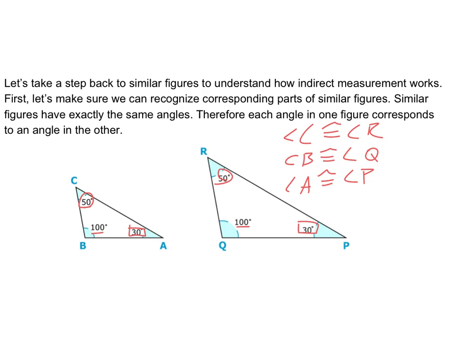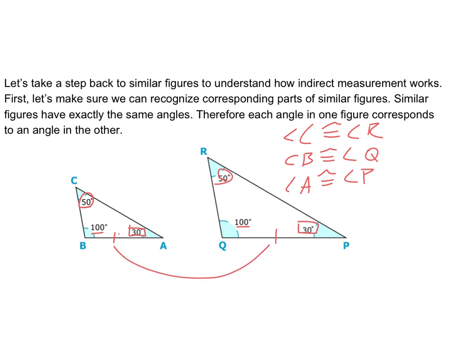We would also use corresponding sides. So if we had the side here, BA, connecting the 100 degree and the 30 degree, it would correspond to the same side between 100 and 30 on the other one. So we would say that BA corresponds to QP.